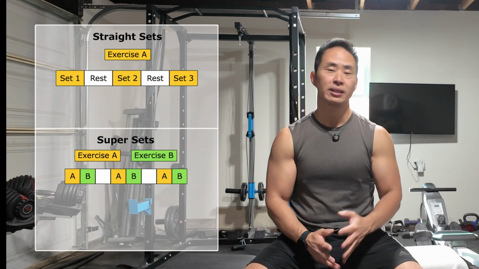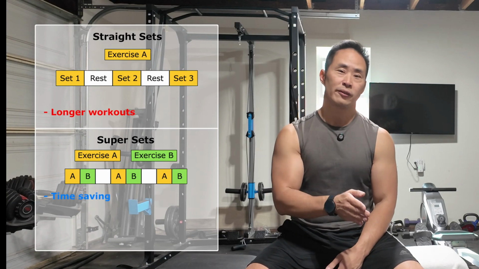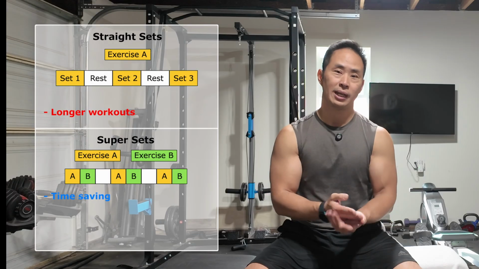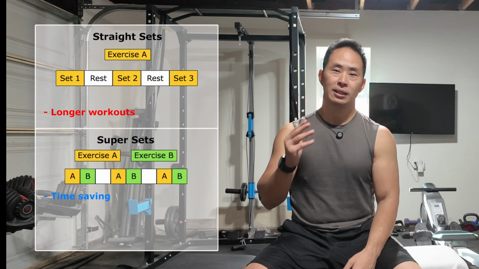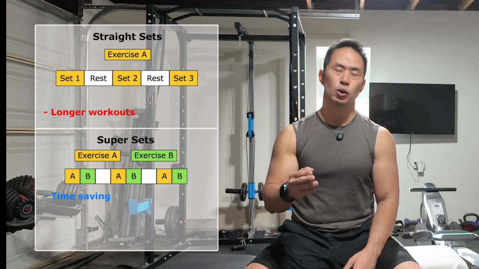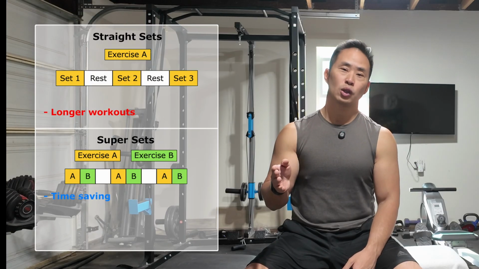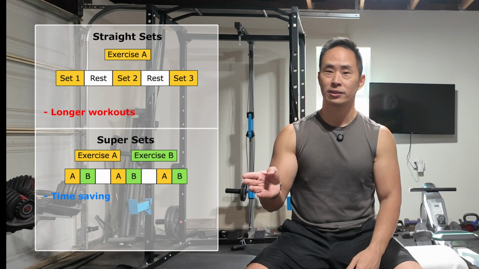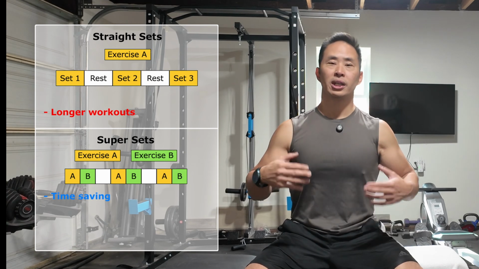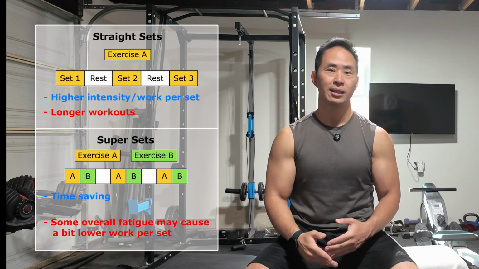So the pros obviously are time savings. If you're doing something like a superset or a circuit, i.e. the same thing but with more exercises, then you'll obviously have a shorter workout because you'll have shorter breaks. The cons are, even though your muscles theoretically are resting during exercise A while you do exercise B, you're still building up some overall fatigue.